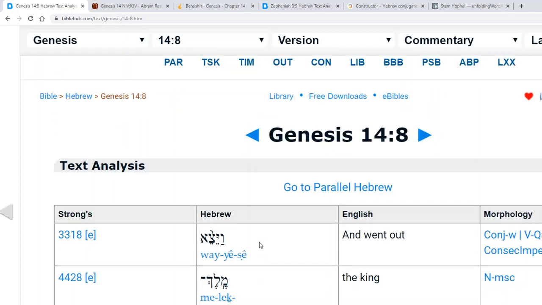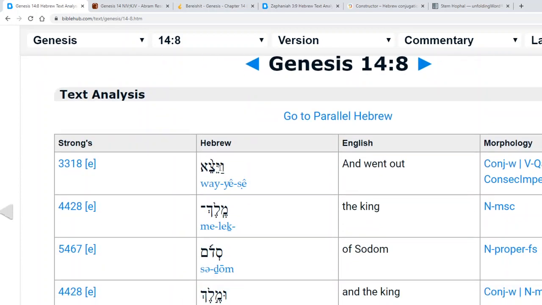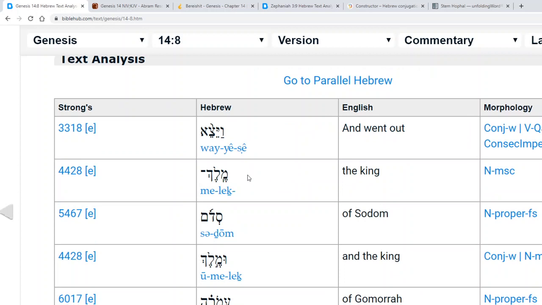Okay, interesting. So vayetze: conjunctive vav, the yud puts it in the imperfect, obviously being flipped by the vav at the beginning. The root, I would say, is hey tzaddik aleph, and the hey has absconded, meaning to go out, right? Vayetze melech, and it's in the singular.